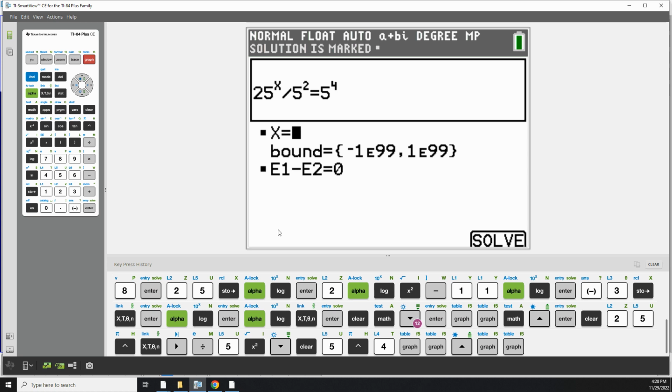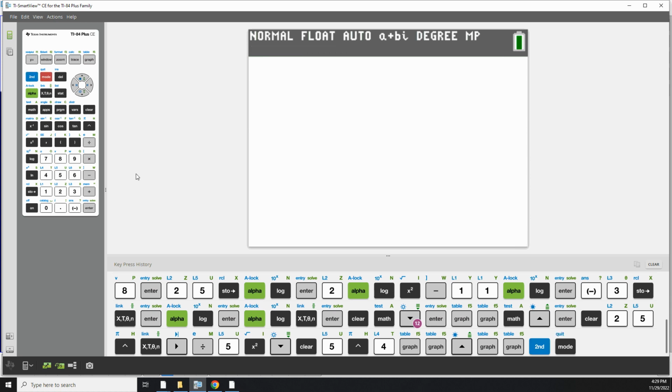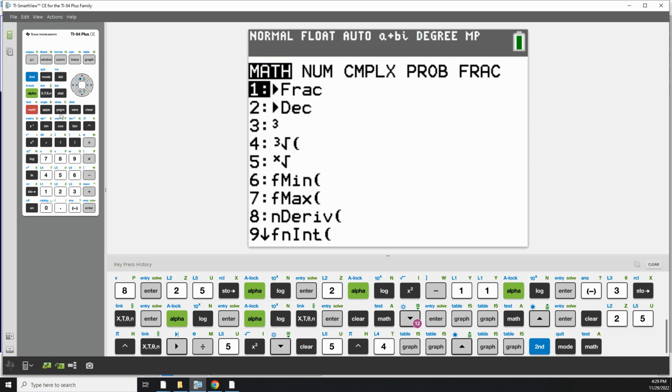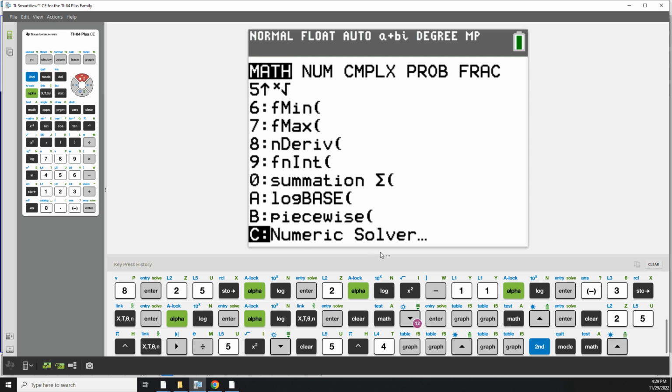Now, who has the largemouth calculator? Raise your hand so I know who I'm talking to. It's about 5 or 6 of you have it. Here's what you do. You do the exact same thing. You ready? You hit math. You go down to last.